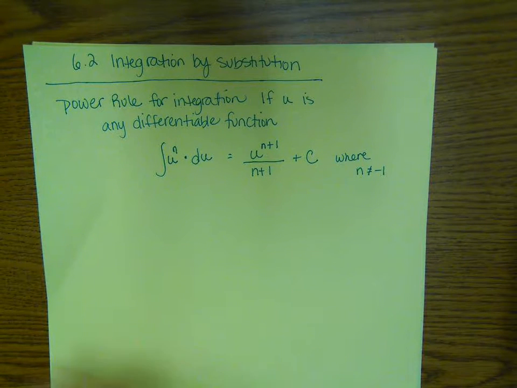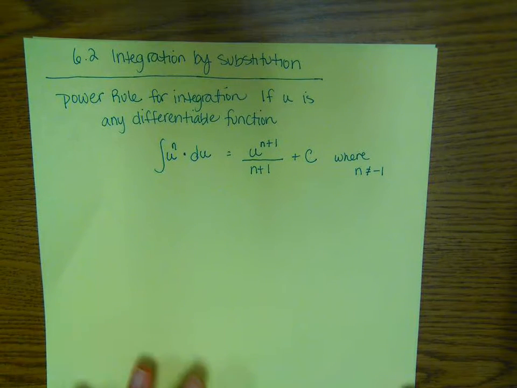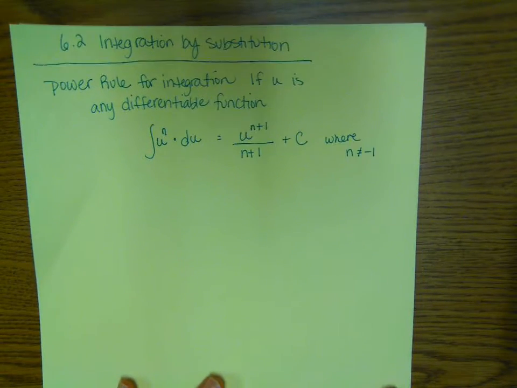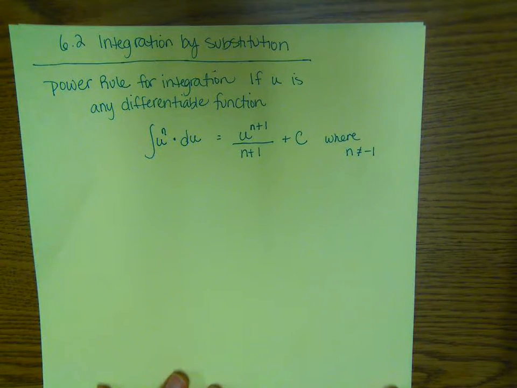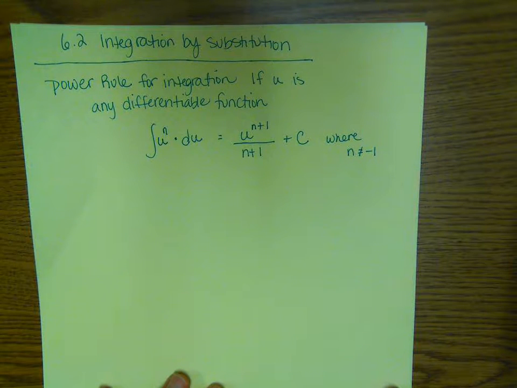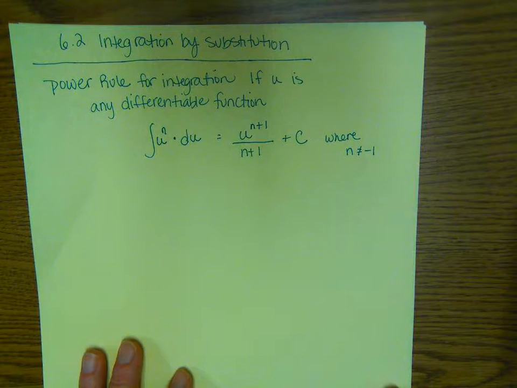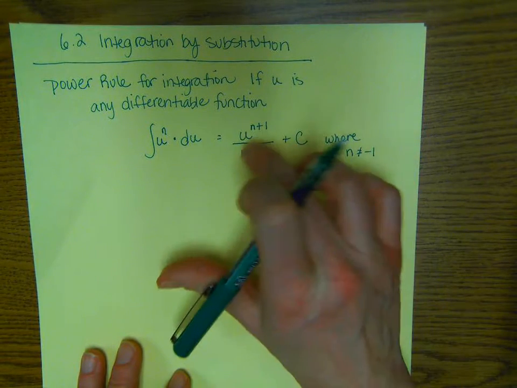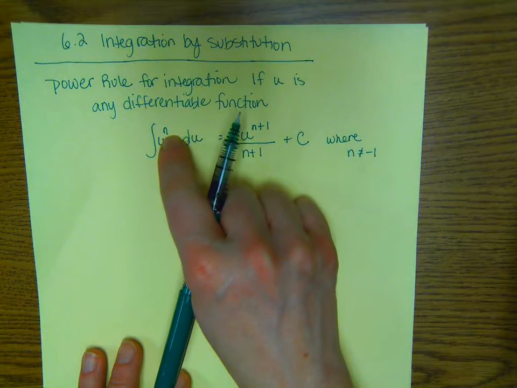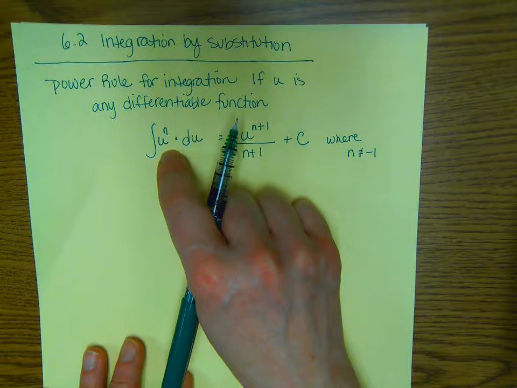Okay, so we're going to use this with power rule. We're going to also use it with some other things as well, but power rule is especially an important one where we can reverse it. But what this basically means is if this was u to the fifth, and in a second u is not going to be just an x, it's going to be a whole expression.